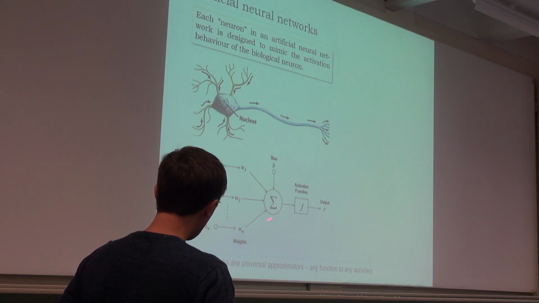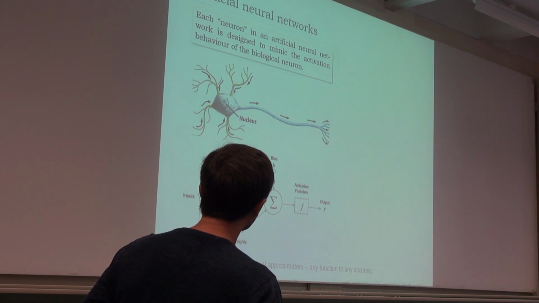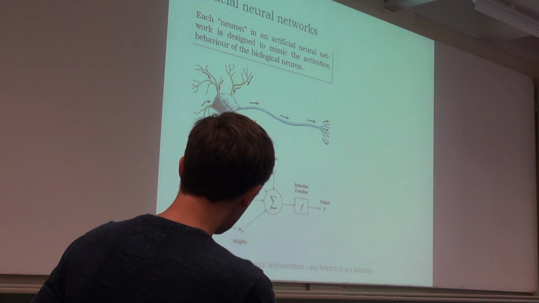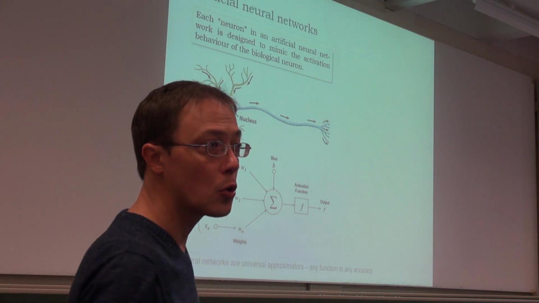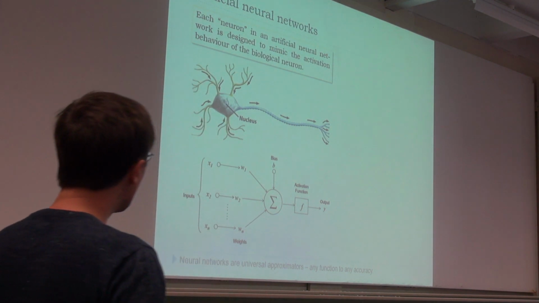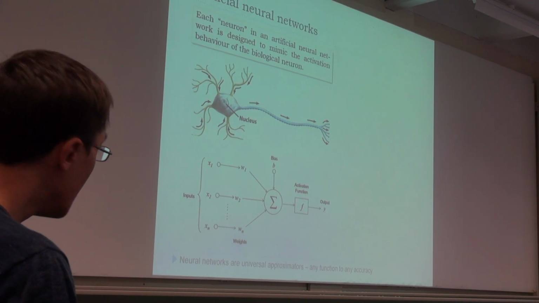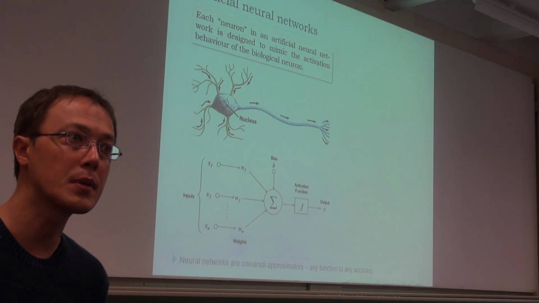They go into some kind of summation and then some kind of activation function, this neuron head, and then they go to the output. It is then possible to chain these mathematical objects together, and such a chain is called a neural network. And as you know, they are hugely successful in solving various problems that humans are traditionally good at, like image recognition, but deterministic programmed computers are not.